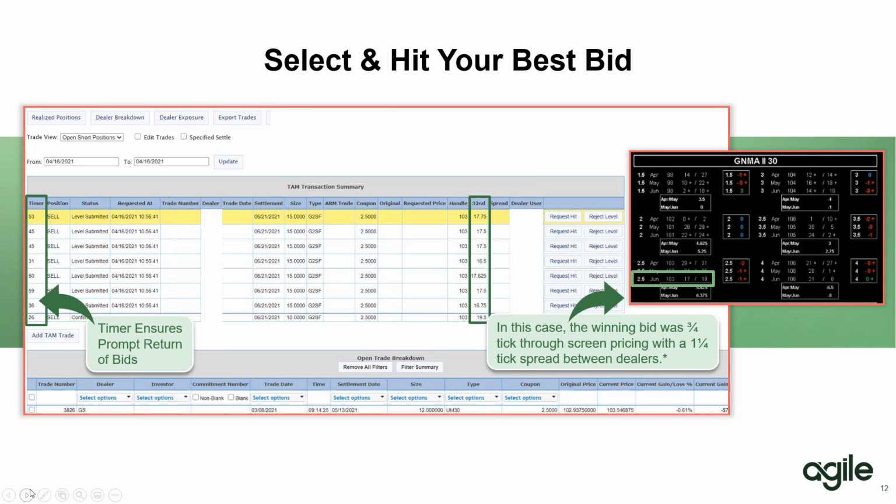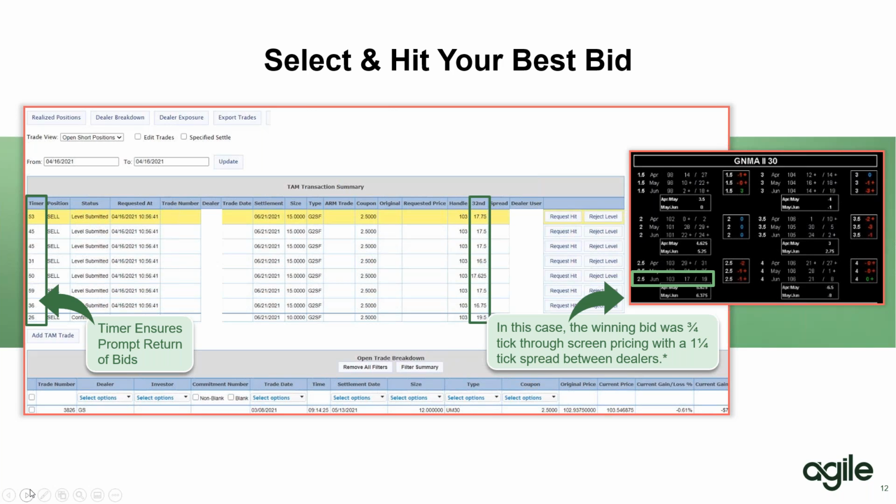If you think about your 8 dealers in this picture, you have a very competitive market for your trade. In this case it's a $15 million trade, which is a good sized trade, but a lot of times you might be doing a $2 or $3 million trade. We're here to reimagine what your screen actually is.